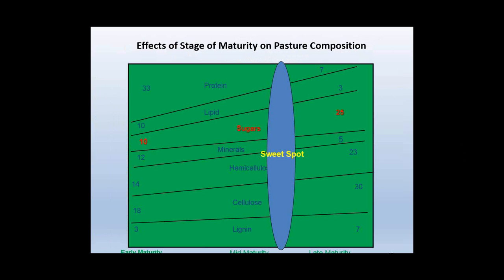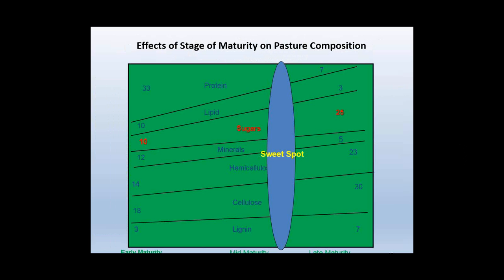The protein to energy ratio is frankly out of whack. The protein content in those forages is too high in relation to energy content. You notice that in the manure pats. You know, they're very loose, very runny, and you notice it in lack of animal performance.